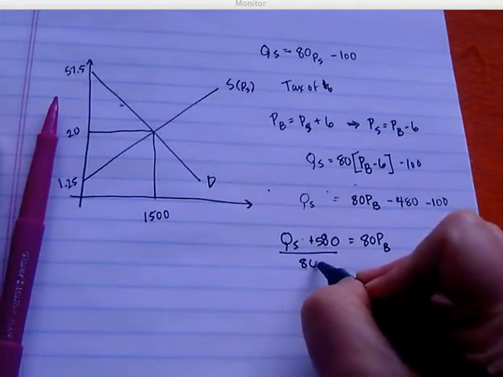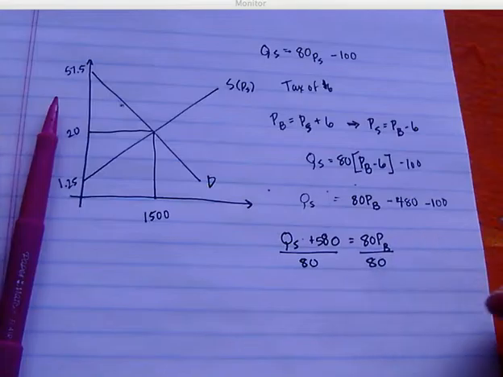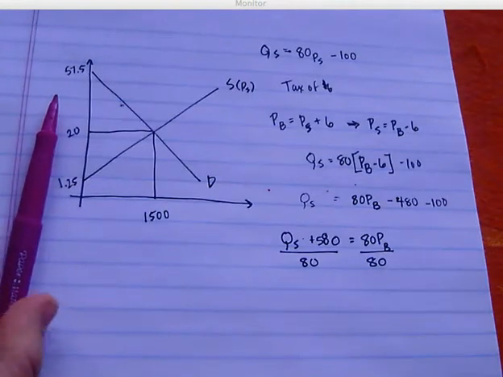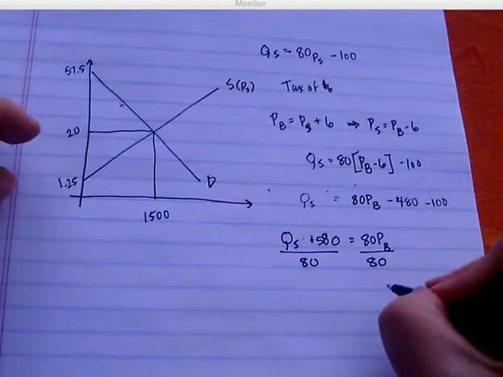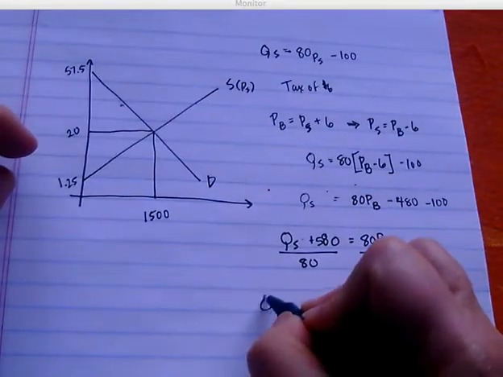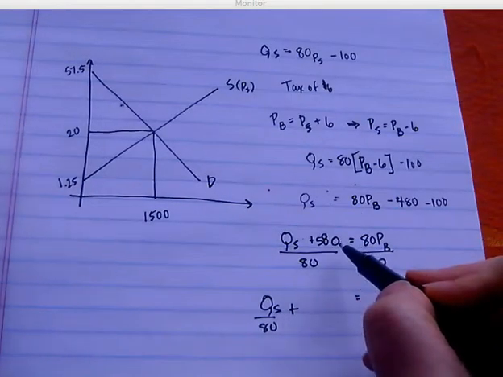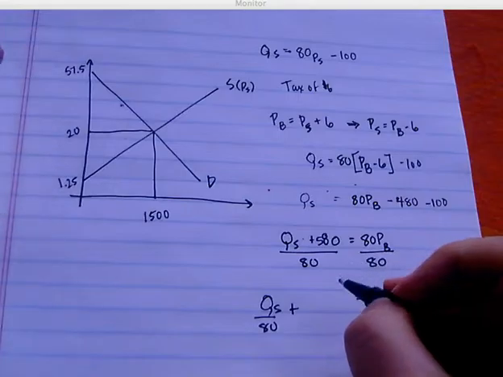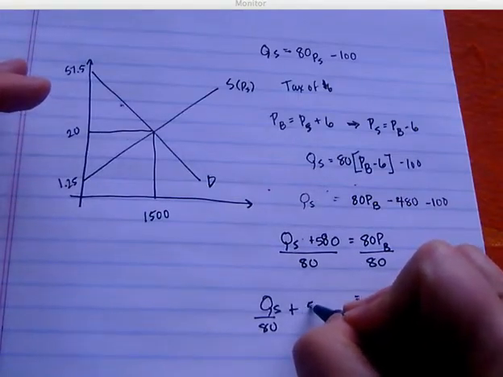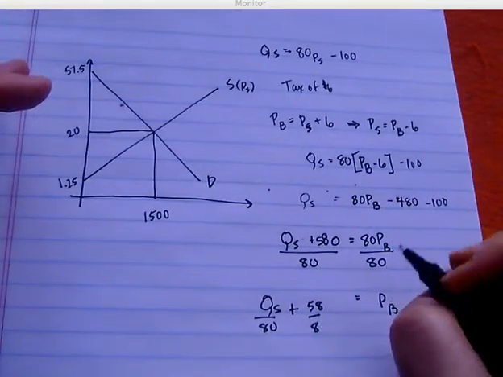And then we can just divide through, and we get PB equals QS over 80 plus 580 divided by 80, or 58 divided by 8, right?